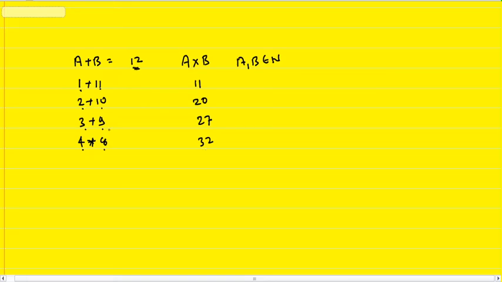So 12 I can distribute equally as 6 and 6. So 36 is the largest product I can expect. If I reduce this by one step, if I take it as 5 and 7, look at this, the product has reduced.